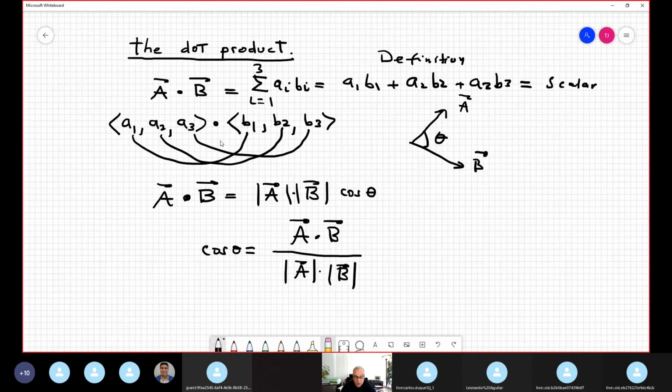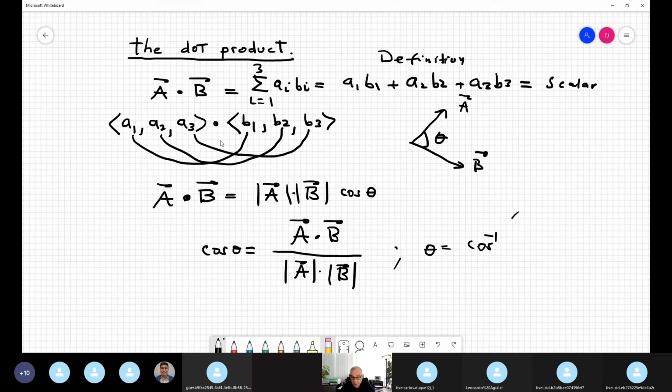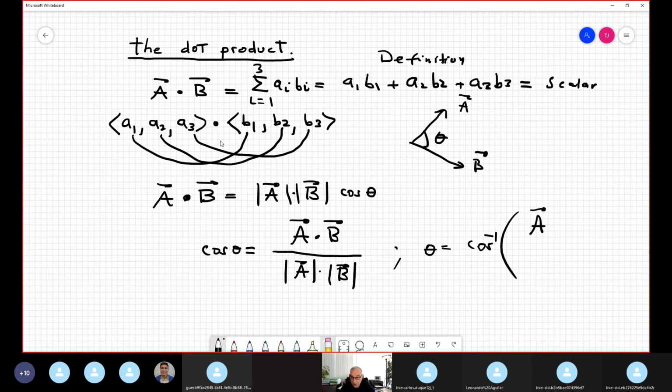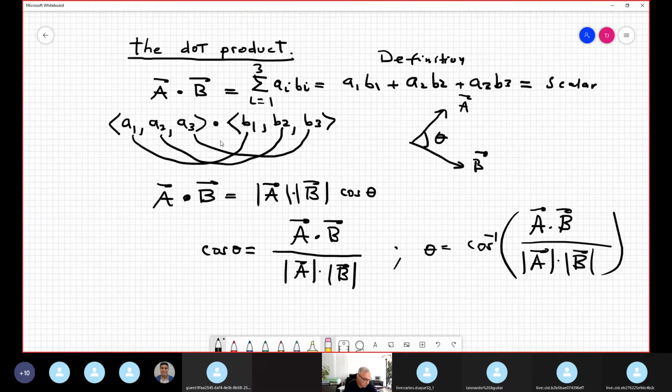Of course, you take the cosine inverse of both sides, so theta alone, in degrees or radians, is cosine inverse of A dot product B divided by magnitude A times magnitude B.